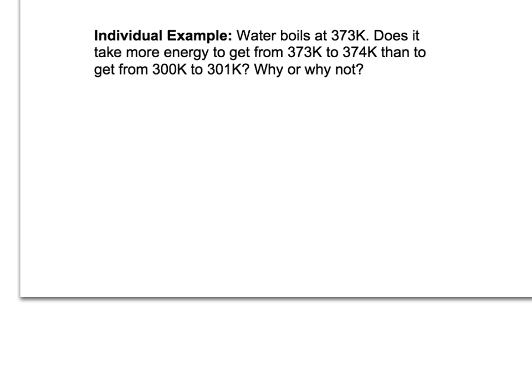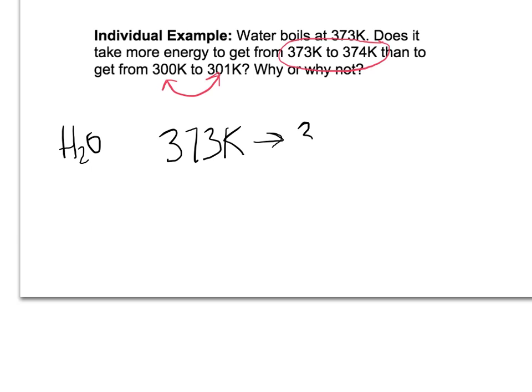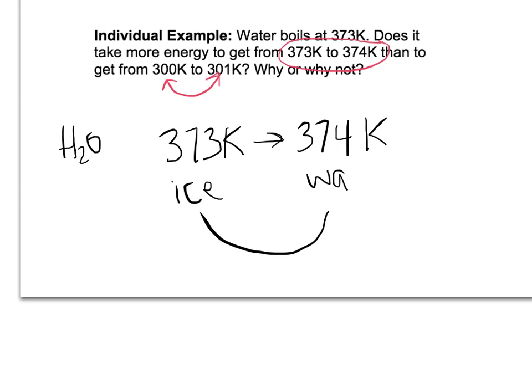Okay, so the answer to this question is it does take more energy to get from 373 to 374 than just from here to here. Okay, and that's because when water, so H2O, goes from 373 to 374, it is going from ice to water.